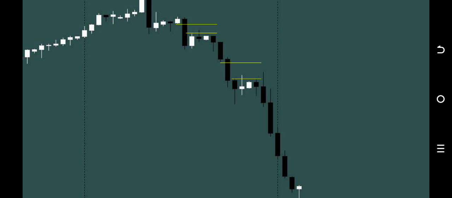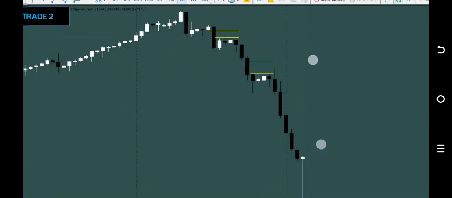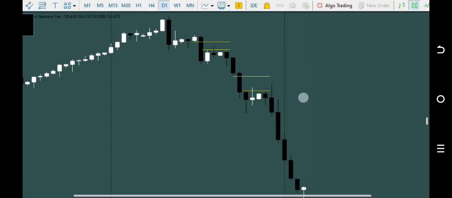You don't need indicators, you don't need any other aids. Just your fair value gap, your price leg, understand the language of the market, and you will be good to go. Now, can you see? After the creation of this leg and price went down, price has to create another leg to continue.